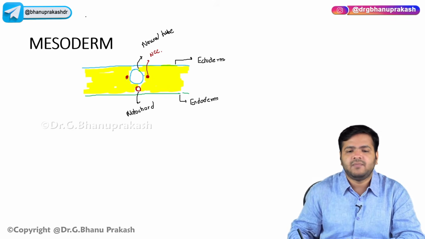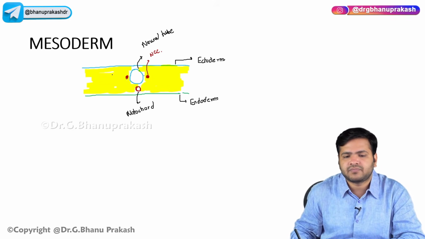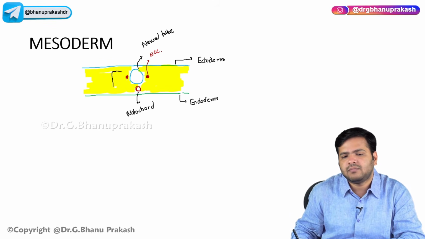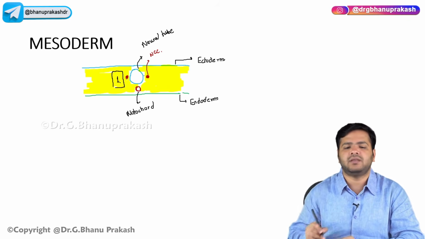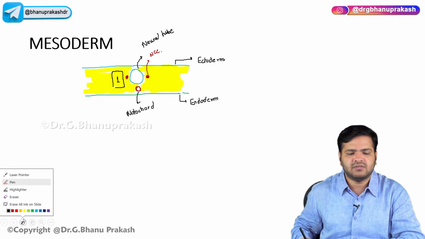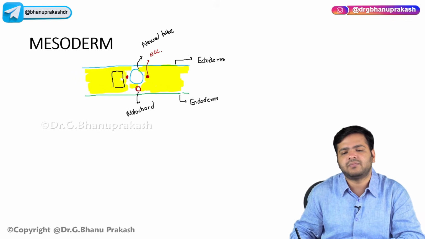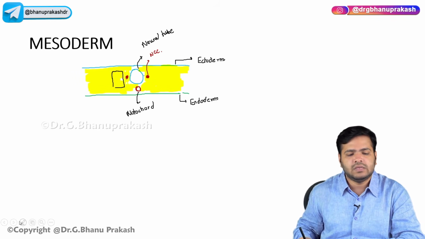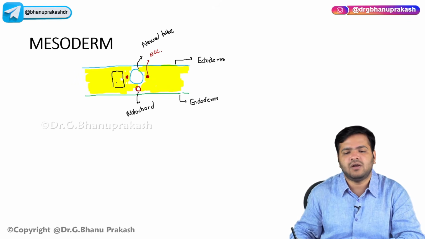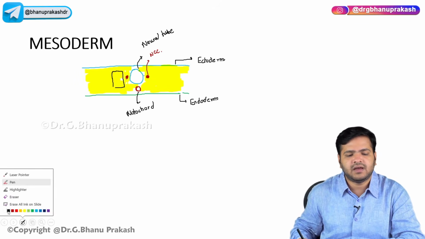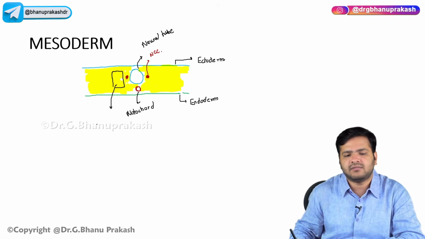So remember, the mesoderm which is parallel to the neural tube, this I am marking with 1. It is called the para-axial mesoderm.